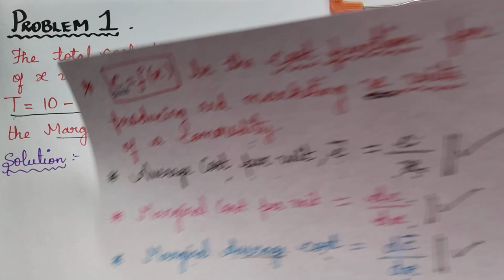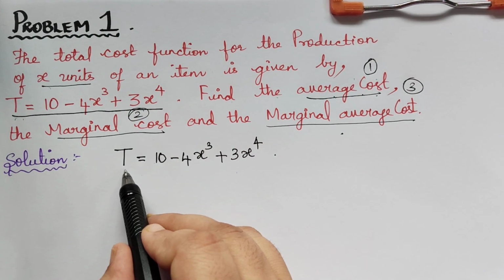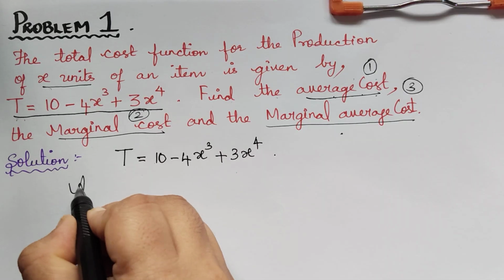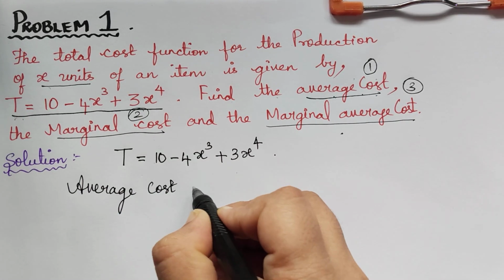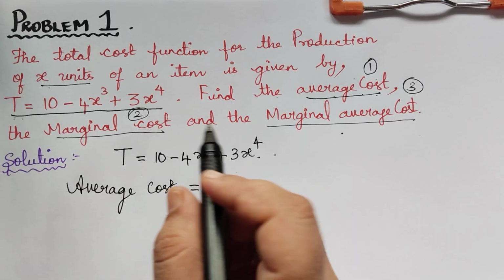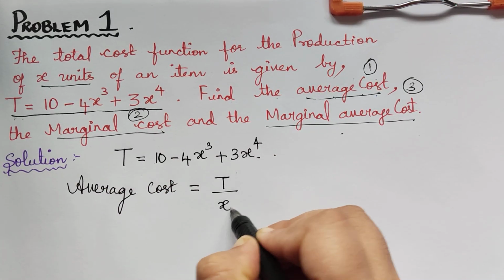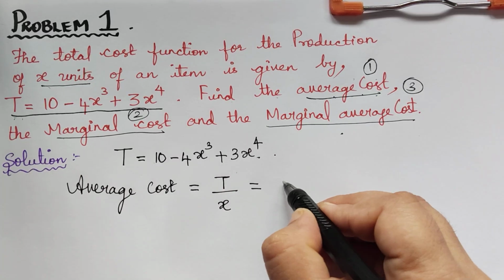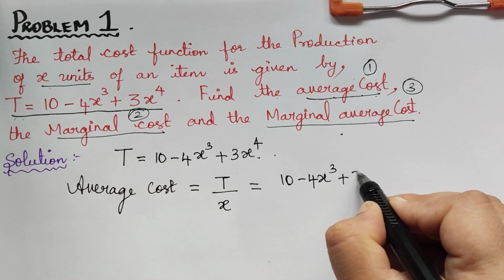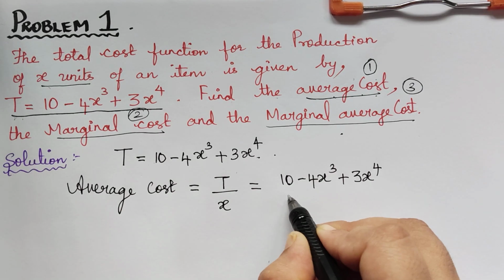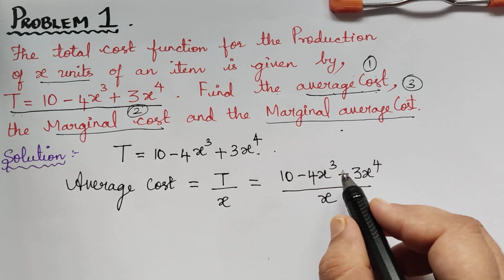Now here we have X units of commodity and the cost function is represented as capital T. Therefore, the average cost will be T by X, which is 10 minus 4x cube plus 3x to the power 4, divided by X. So we have obtained the average cost.